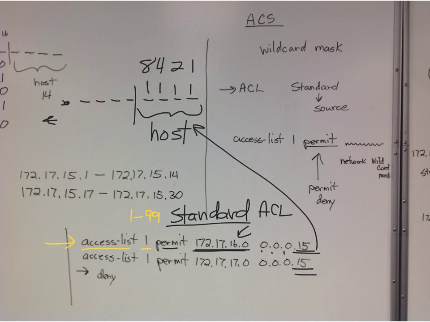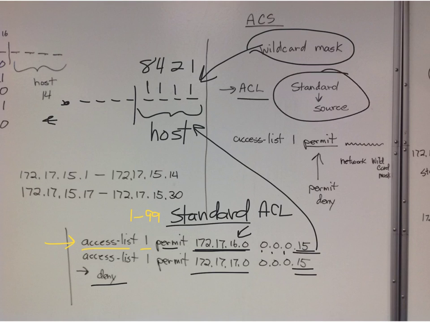So we're permitting that network, permitting this network, and then everything else is denied. That's called a wildcard mask, how we calculated that right there. Access control list, we only look at the source.